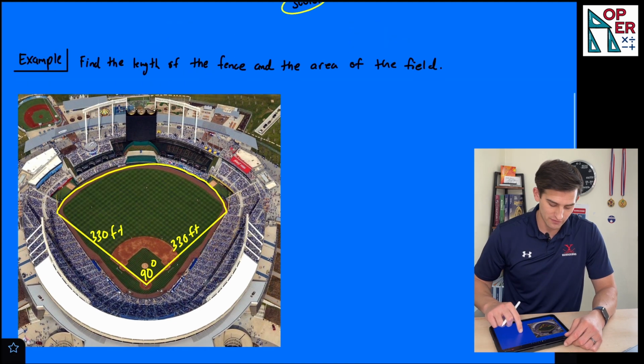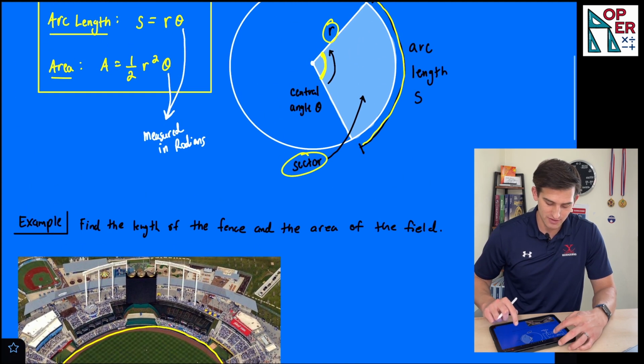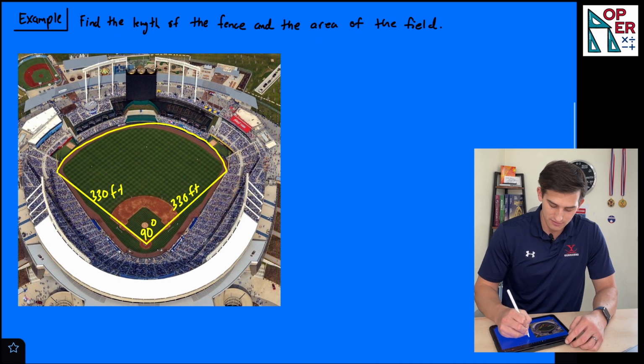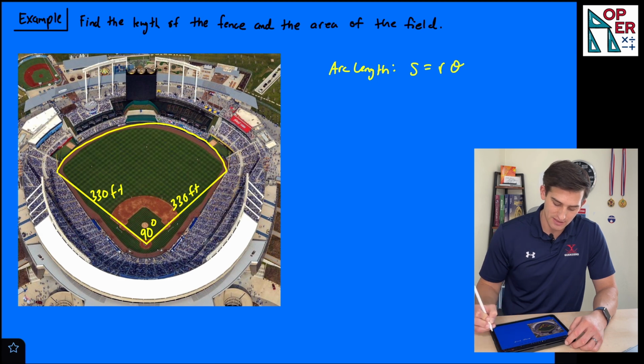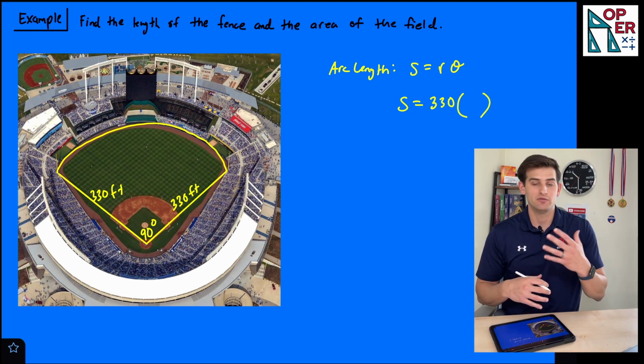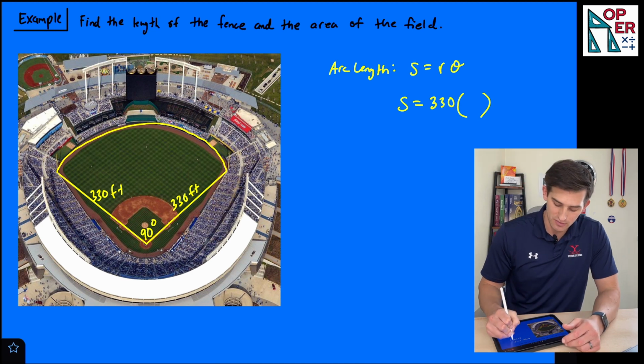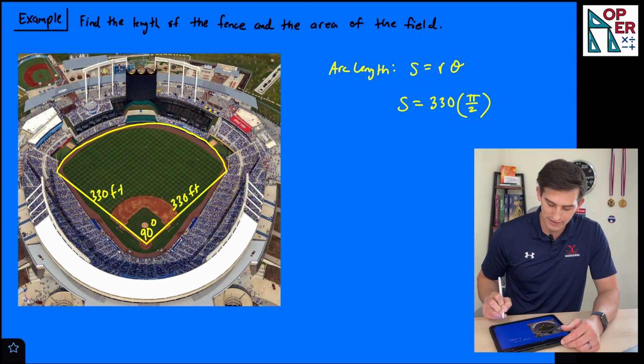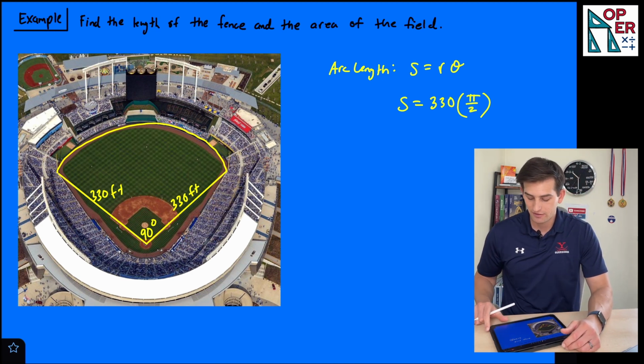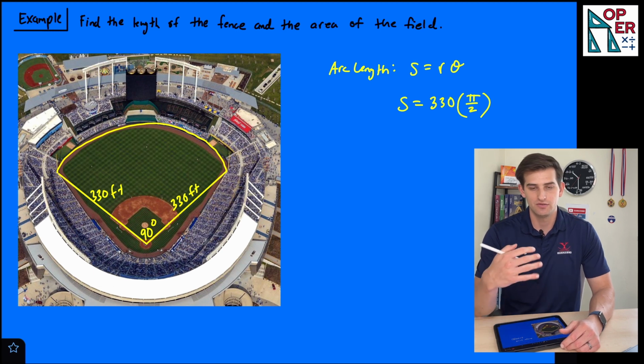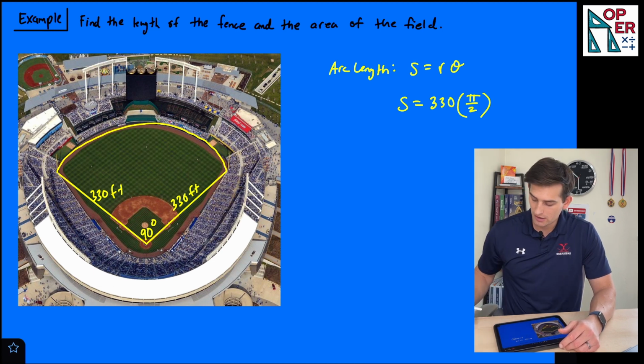So now we're going to use our formula up here. Arc length is just S equals r times theta. So we're going to say S is equal to, so our radius in this case would be 330. And for theta, it's 90 degrees, but we want to write it in terms of radians. So that's going to be pi over 2 radians. So we can use our calculator for this, and let's just round it to the nearest whole number for feet.